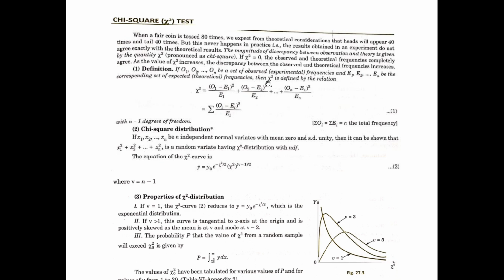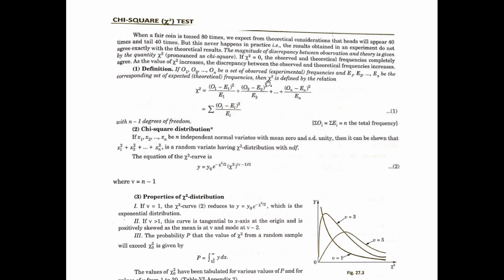That discrepancy is given by the quantity chi-square. If chi-square is equal to 0, the observed and theoretical frequencies completely agree. As the value of chi-square increases, the discrepancy between the observed and theoretical frequencies increases.